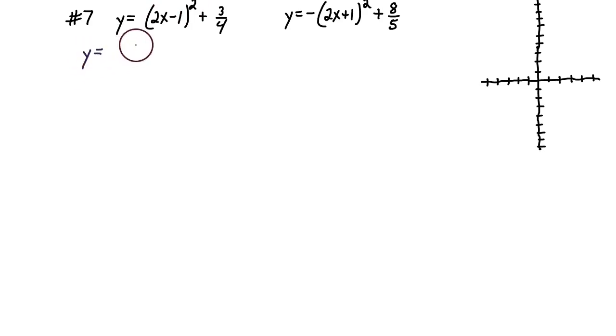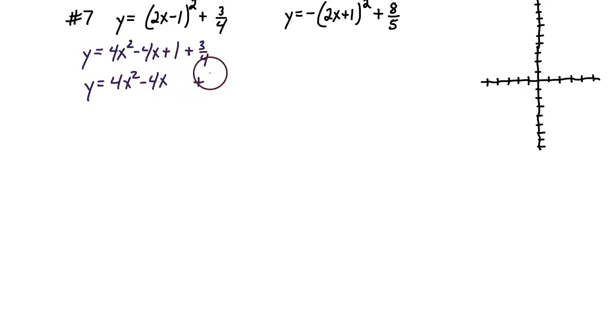I'm going to square the binomial. It will make 4x squared minus 4x plus 1. And then the plus 3/4. Next step, combine like terms. We have y equals 4x squared minus 4x plus 7/4.